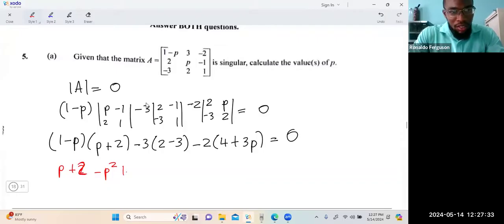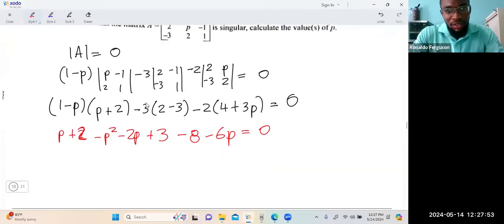P times 2, that's minus 2p. Then here now 2 minus 3 is negative 1. Negative 1 times negative 3 is positive 3. Then minus 8. 2 times 4 is 8. And 2 times 3 is 6. So minus 6p equals 0.